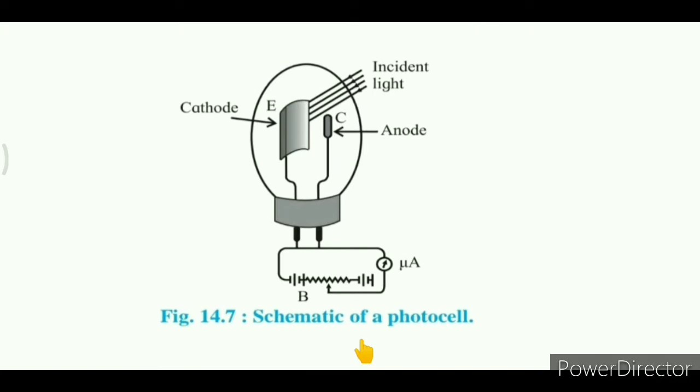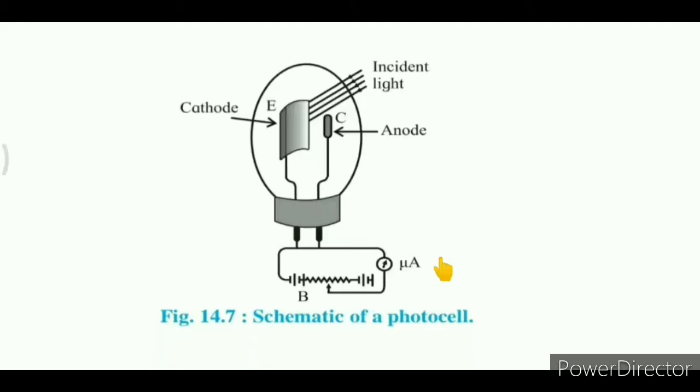First of all, in the same schematic, when light of suitable wavelength or suitable frequency falls on the cathode, that is the emitter plate E, photoelectrons are emitted, and these electrons are attracted towards the anode due to the applied electric field, and the generated photocurrent is noted from the microammeter µA.